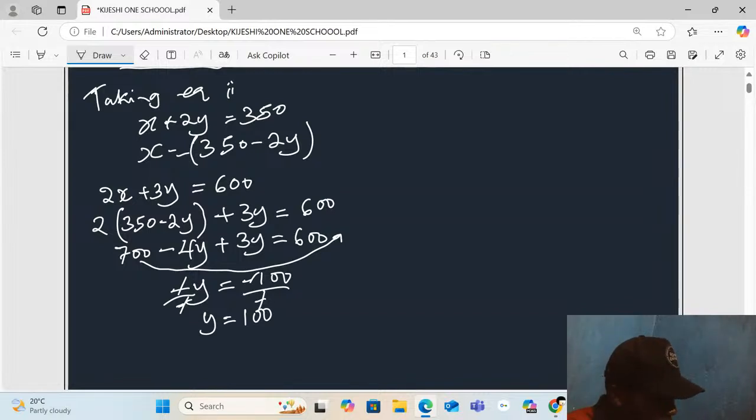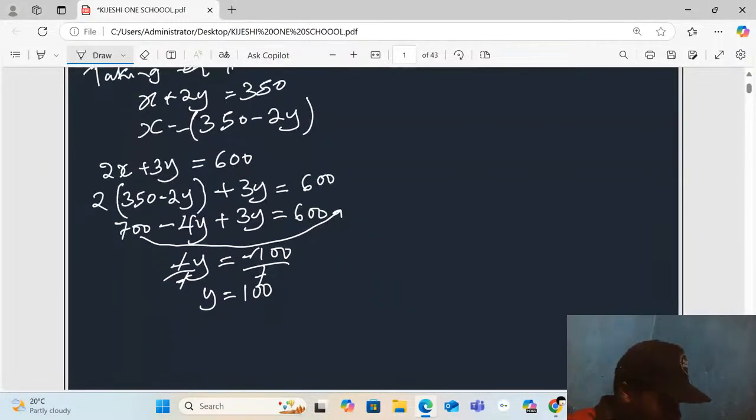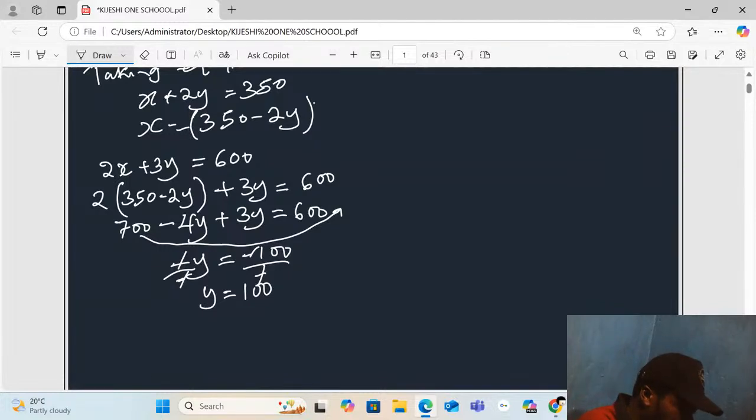Now, using either equation 1 or 2, you can substitute the value of y, which is 100, so that you get the value of x. Let's use equation 2, which is x plus 2y equals 350. Where we have y, we substitute 100.